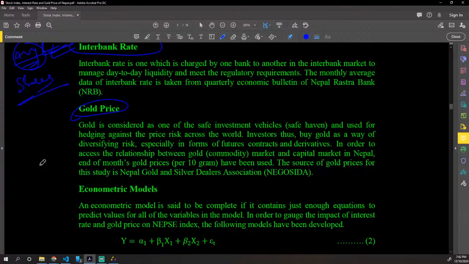Investors thus buy gold as a way of diversifying risks, especially in the forms of futures, contracts, and derivatives. Since we don't have these derivatives, in order to assess the relationship between the gold commodity and the capital market in Nepal, end of the month gold prices have been used. The source is basically this association, right?